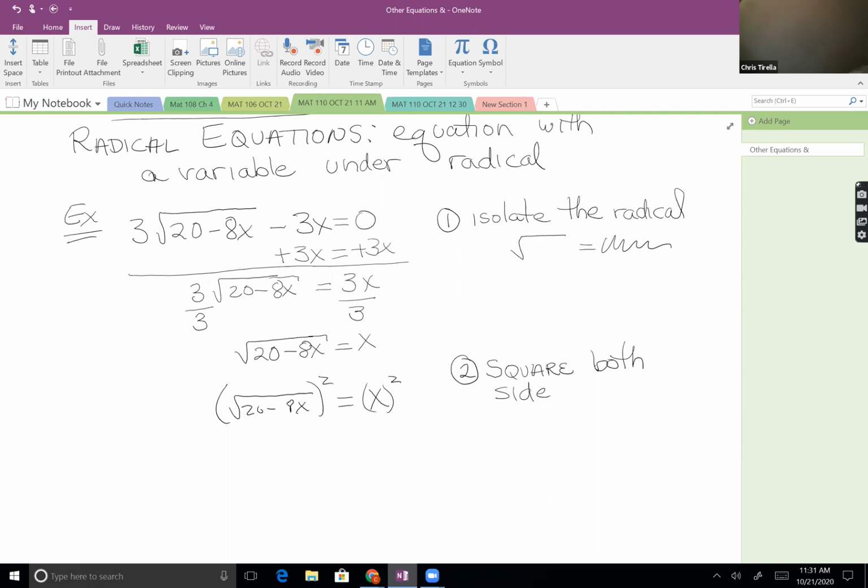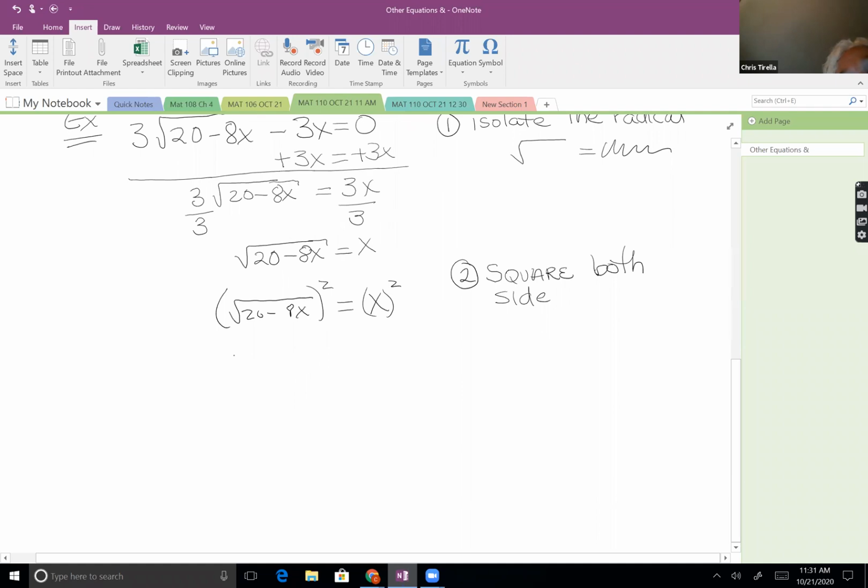And so with these, checks are mandatory. But I digress. When I square a square root, don't I just get the radicand, take the hat off? And when I square x, I get x squared. Now that equation looks like we should be able to solve it.